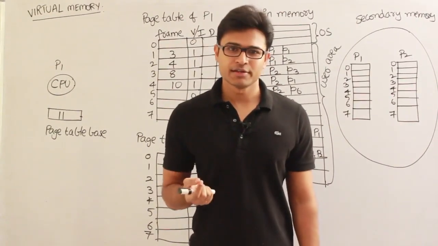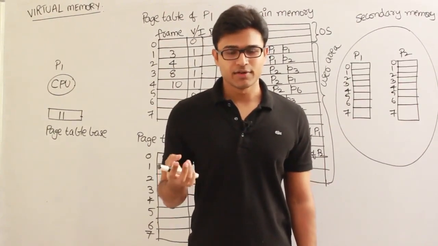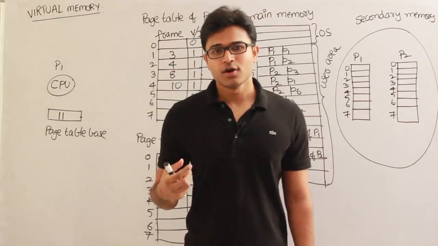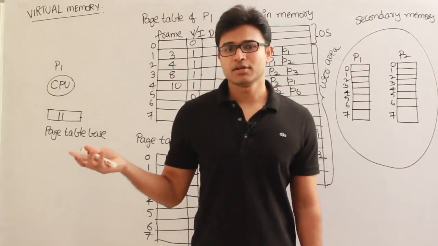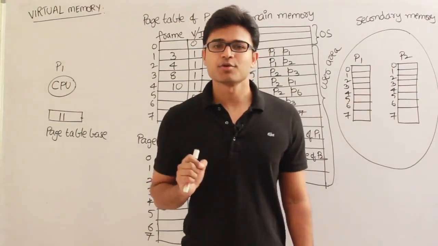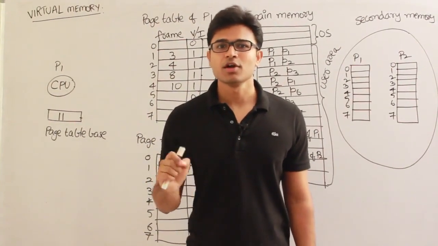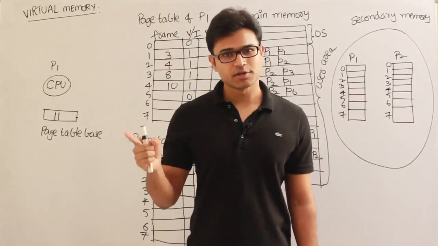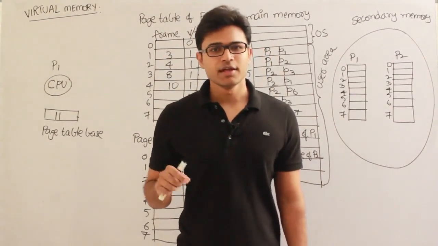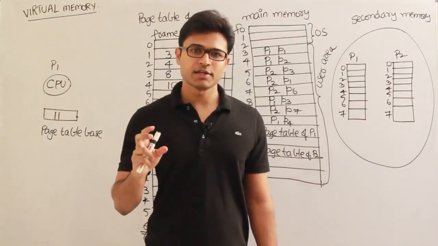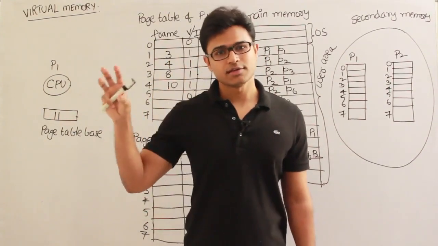So what is the advantage? A user will get the illusion, and it is just an illusion, that the main memory is available to load his complete process. When the user is writing the program, he will never think about the size of the main memory on which this particular program will be executing. He will write the program in such a way that it will fit in the secondary memory.